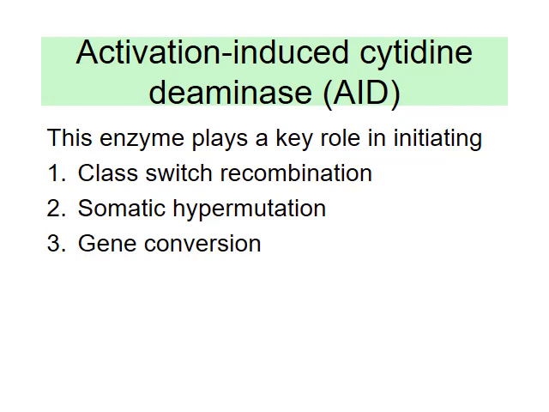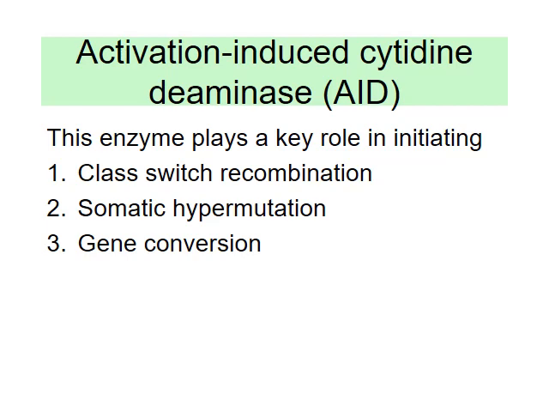So that is very important, and this enzyme actually has three important roles that it initiates. Number one, it causes class switch recombination. Number two, it causes somatic hypermutation. And number three, it causes gene conversion.